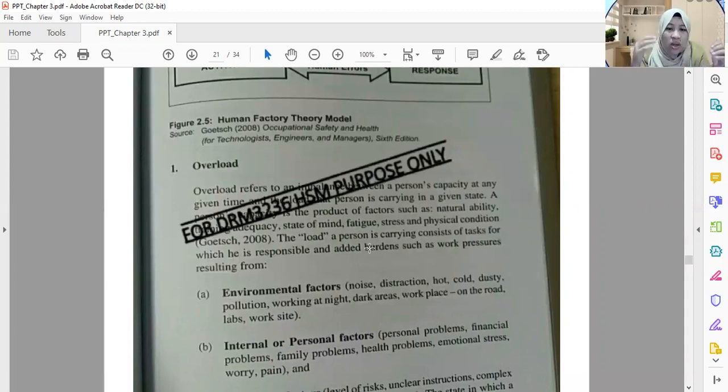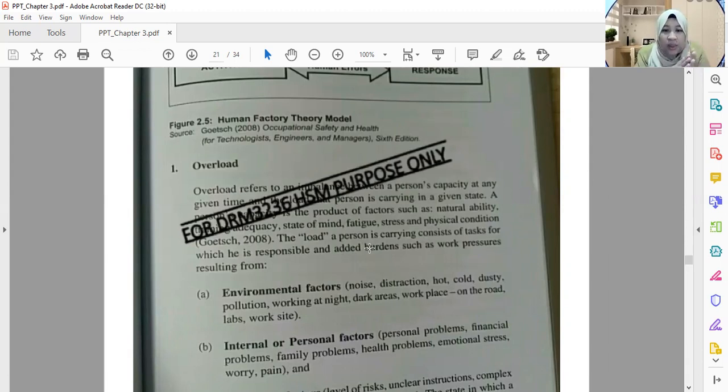Meaning to say there will be some imbalance. Whatever that we eat is more than what we can chew. Apa yang kita makan tu melebihi daripada apa yang kita boleh kunyah. Something like that.